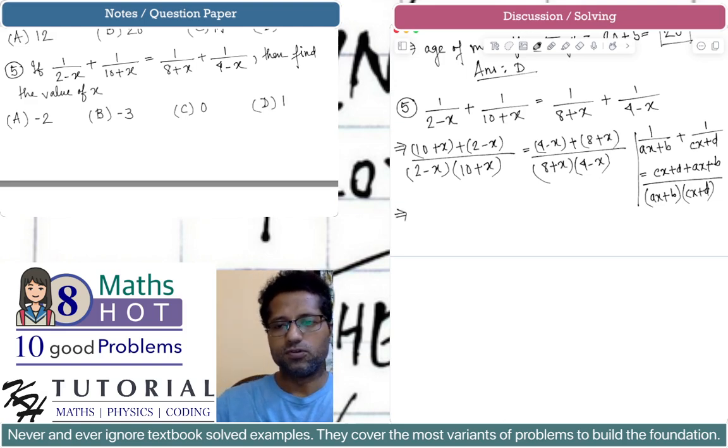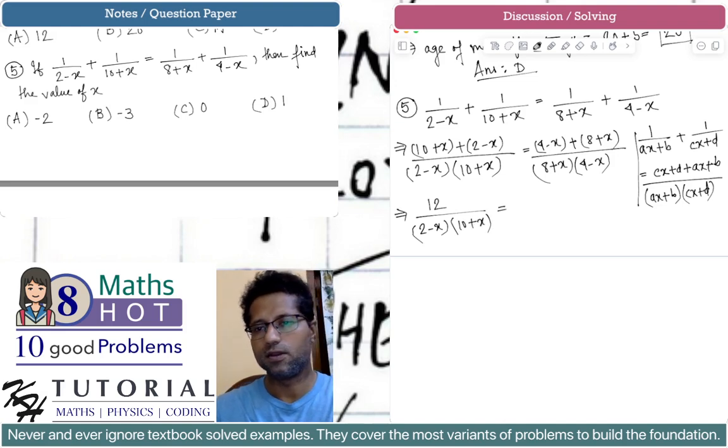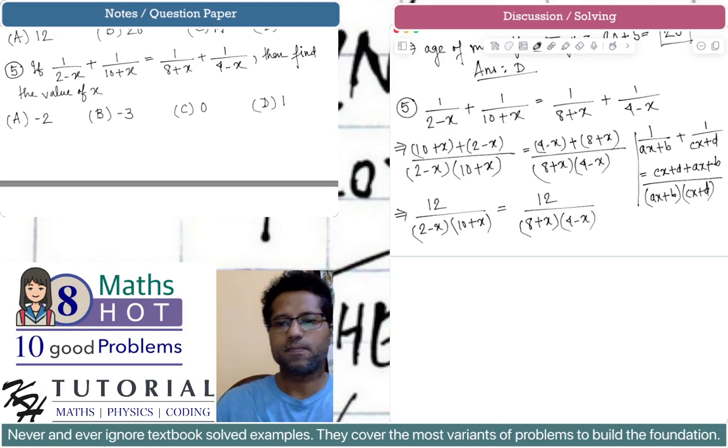After simplifying both the LHS and RHS, in the LHS numerator, x and minus x cancel out, and we get 10 plus 2, that is 12, divided by 2 minus x multiplied by 10 plus x, is equal to, on the right hand side also, in the numerator, minus x and x cancel out, and we get 12 by 8 plus x multiplied by 4 minus x. Now you just do cross multiplication.